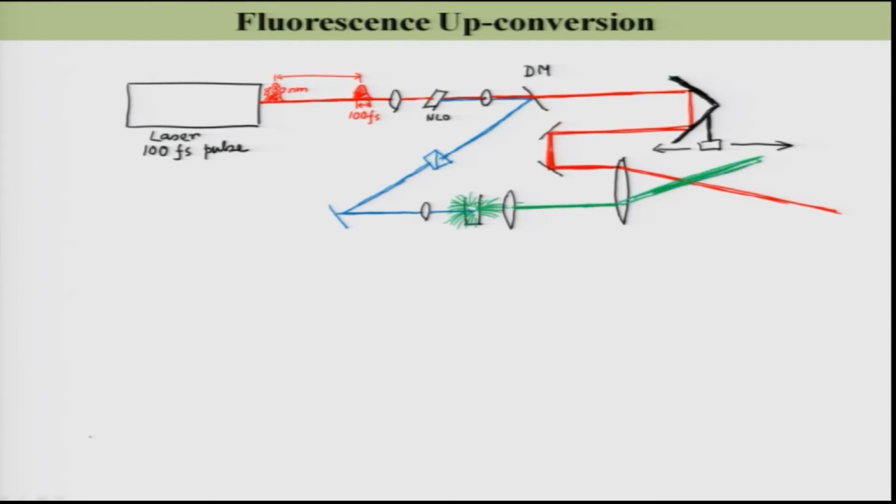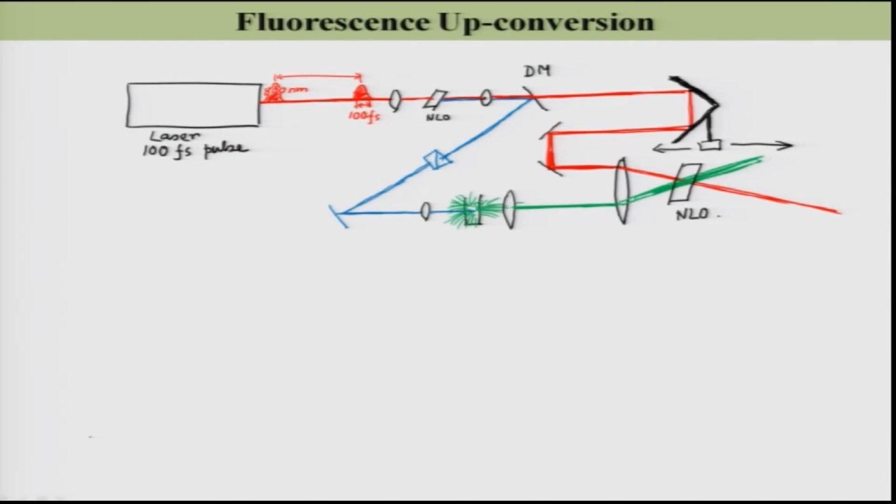And at this junction, where both this red light and the fluorescence are overlapping, you put one NLO crystal over here. That is it. This is my diagram. Now this fluorescence will have its decay, it is a time dependent fluorescence, right.